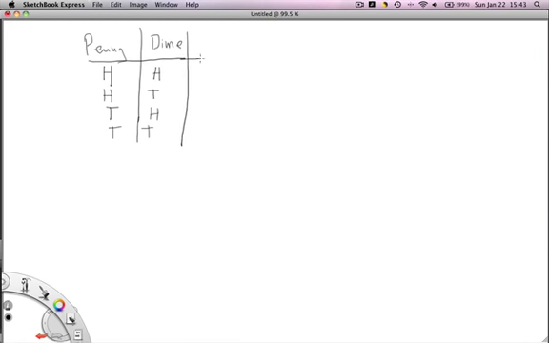I'm going to add a column to this table, and I'm going to say let x equal the number of tails. So what we've just done is to take outcomes from a random experiment, and we're going to map these outcomes to numbers.